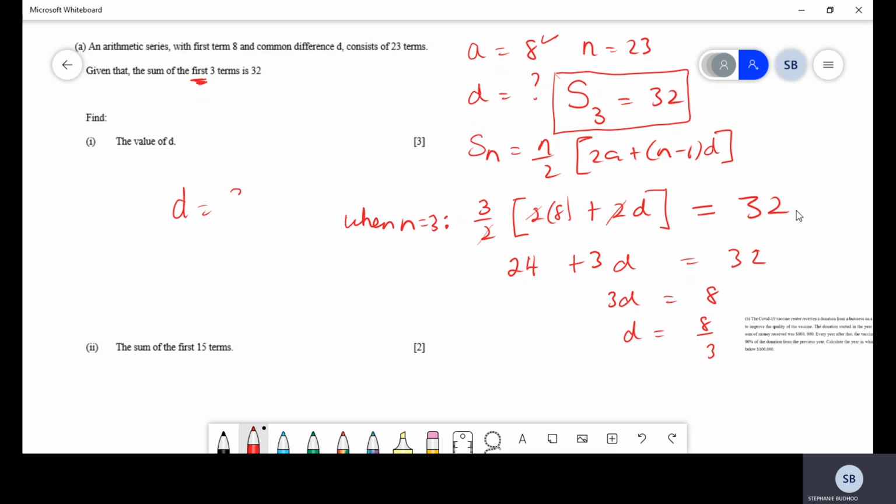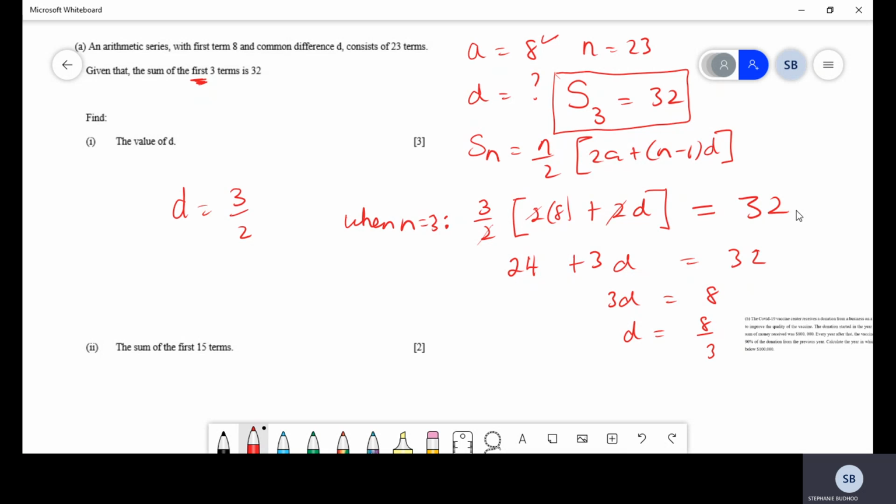So that is correct. You can double check it using your nth term formula. You can find the third term, and then you can use your a plus L formula and double check to make sure you're getting the same value.